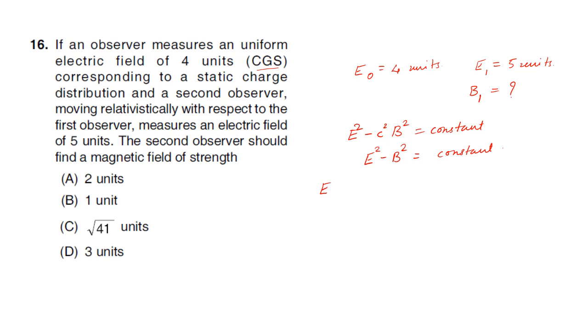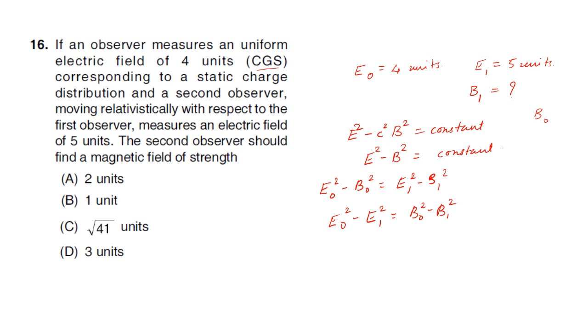Therefore, E naught square minus B naught square is equal to E1 square minus B1 square. That is E naught square minus E1 square is equal to B naught square minus B1 square. Here we know E naught and E1, and B1 we need to find, then B naught.